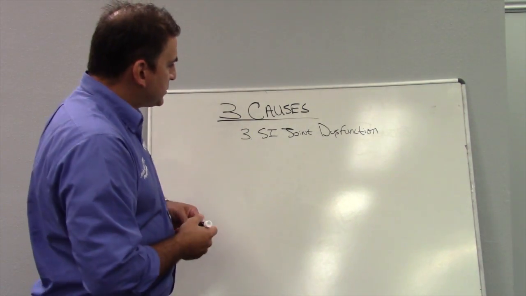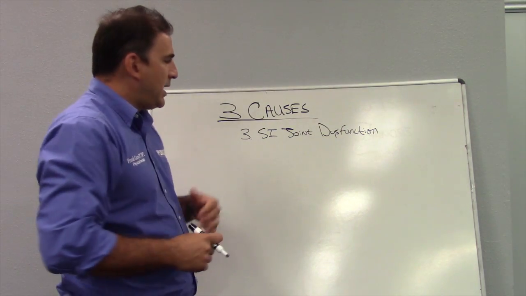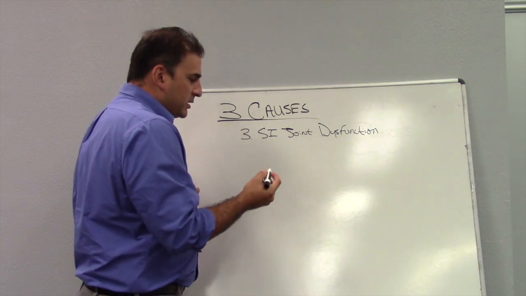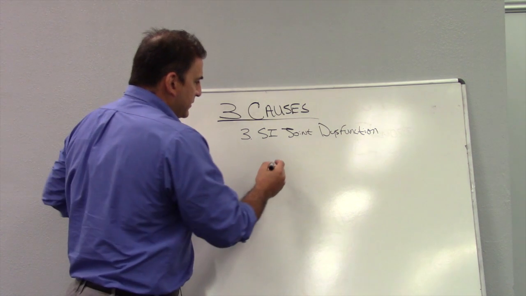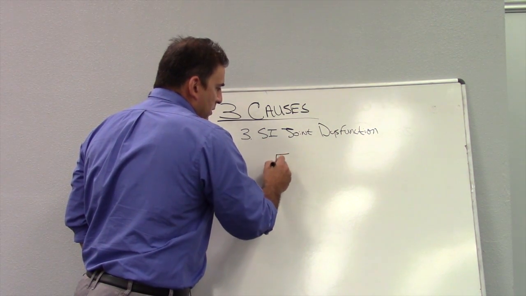Okay, so just before we get into why that is and how somebody would present with that, I'm going to give you a little drawing or a model per se of how you could understand it.